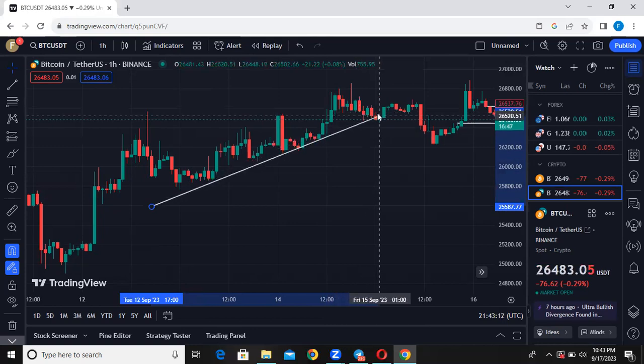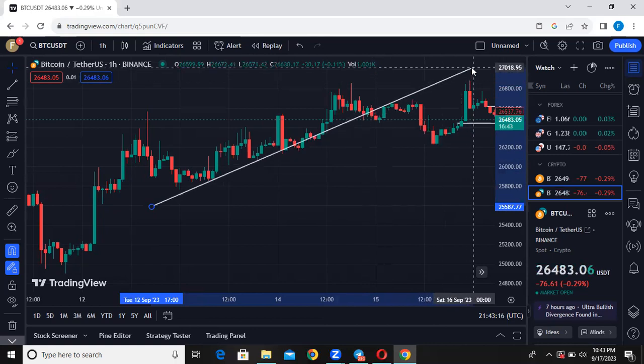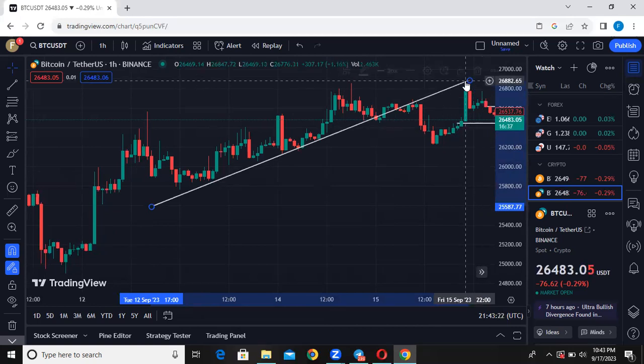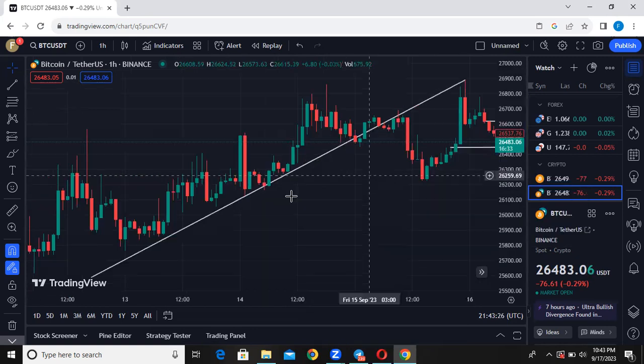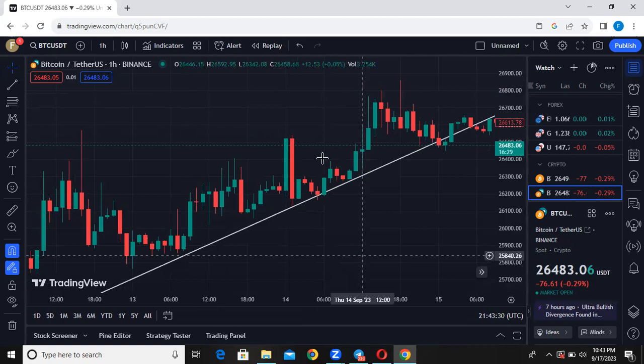You draw it under like this. Good. Now, guys, this is an uptrend market right in front of us. How do you trade this uptrend market?